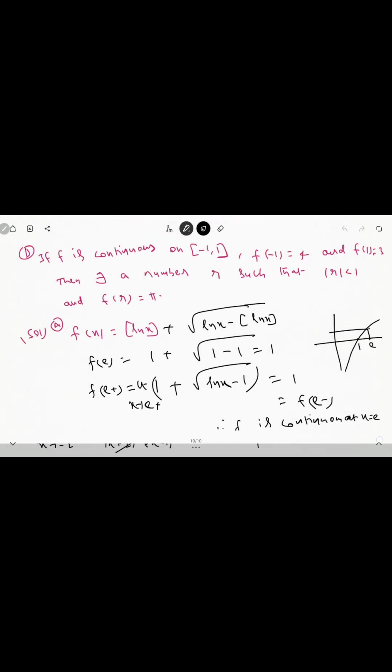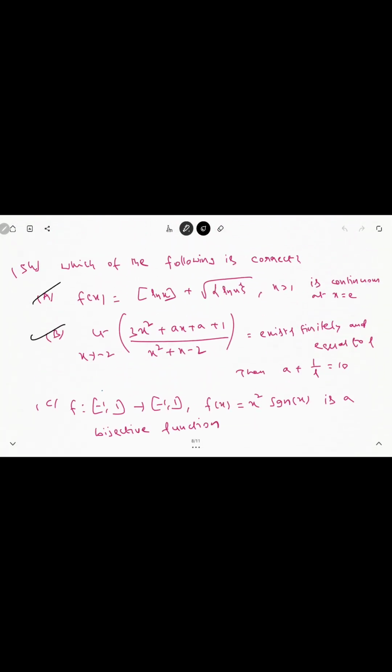What about C? F of x equal to what is given there? x square, with x less than 0, x equal to 0, x more than 0. Signum x means whenever x is less than 0 it is minus 1.